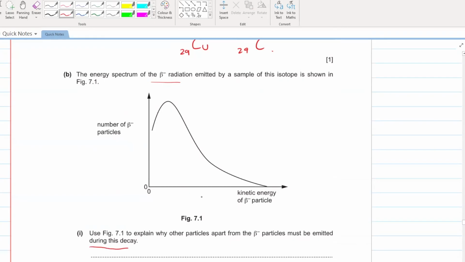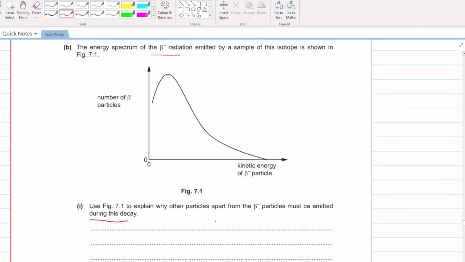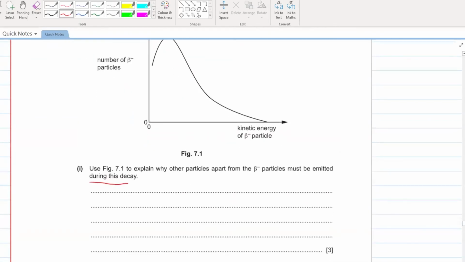Can you see the kinetic energy is varying? There might be another particle. And what have I told you? Whenever beta negative is emitted, what is emitted with it? Antineutrino. There might be another particle which consumes the remaining energy.